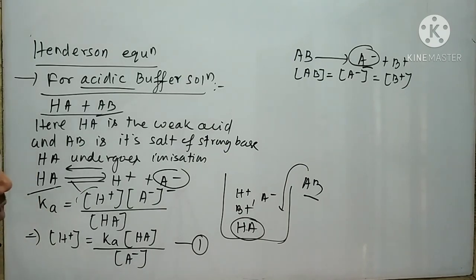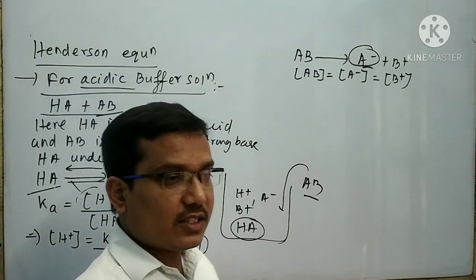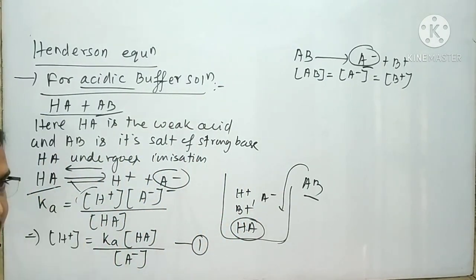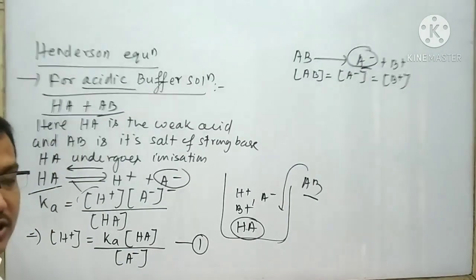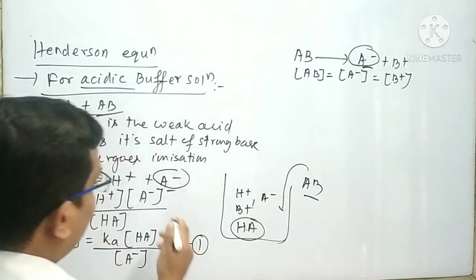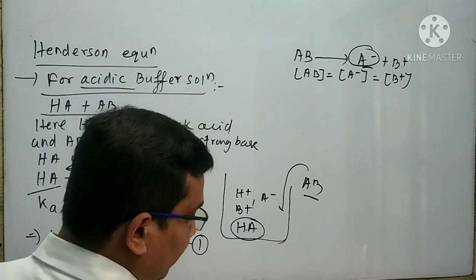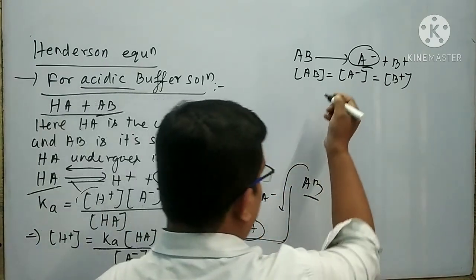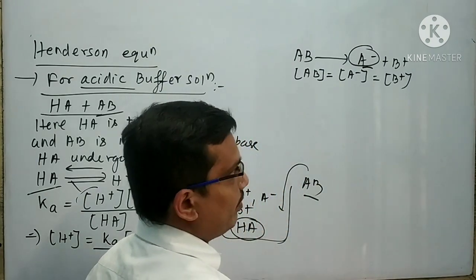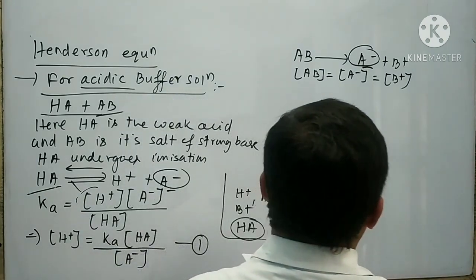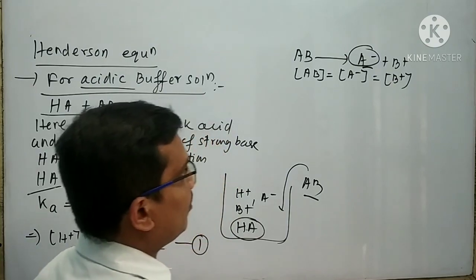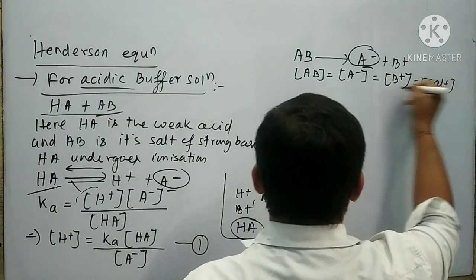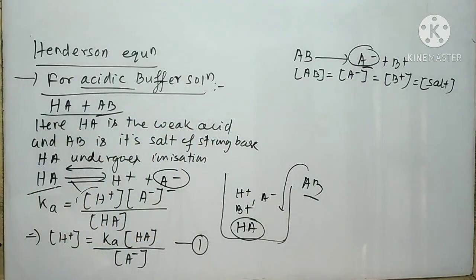So we can think that since AB salt is completely ionized, the dissociation of weak acid HA is further suppressed in the presence of A minus ion, which acts as a common ion. So in case of salt AB, we can write concentration of AB equal to concentration of A minus equal to concentration of B plus, which is equal to concentration of the salt, because AB is the salt.